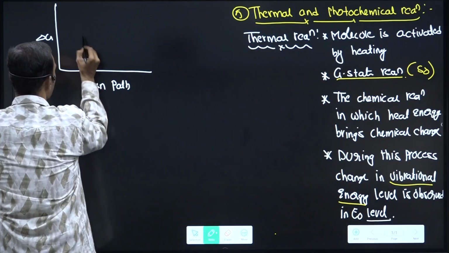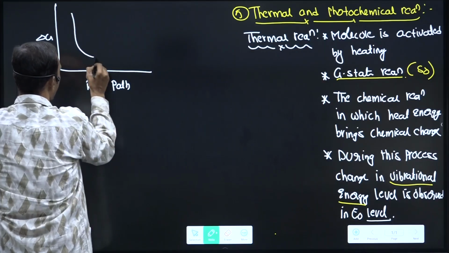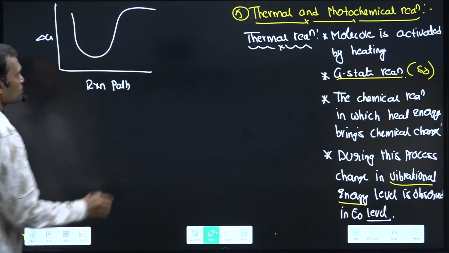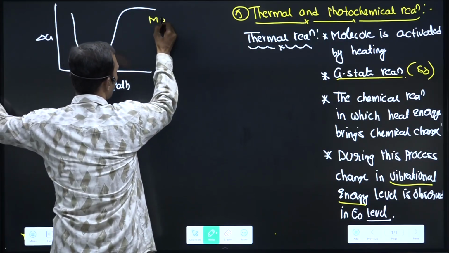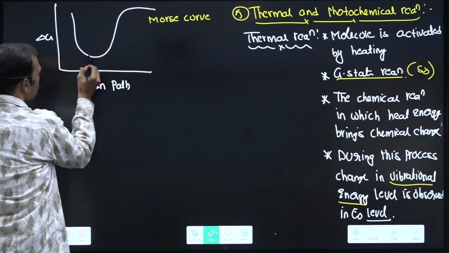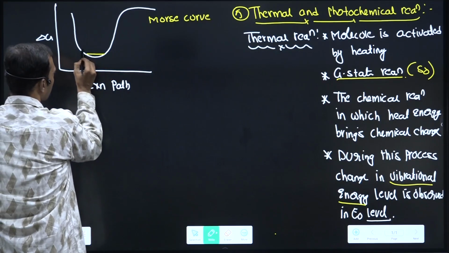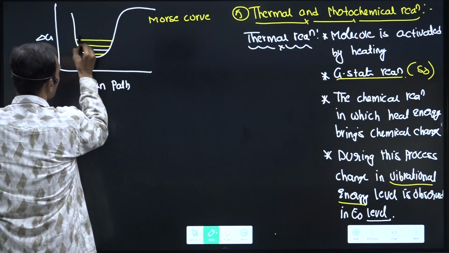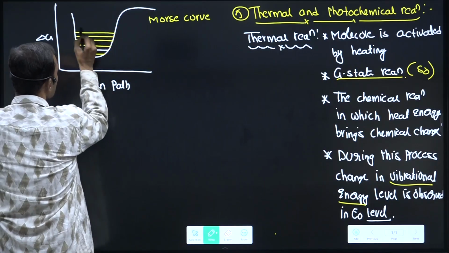Now see, this is called Morse curve. So here see, first I am taking lower energy, then I am increasing heat energy. When heat energy increases regularly, this will undergo this.